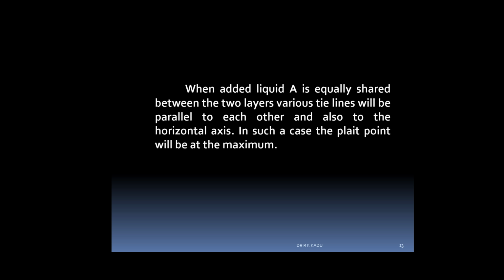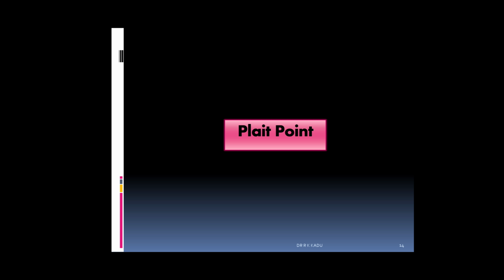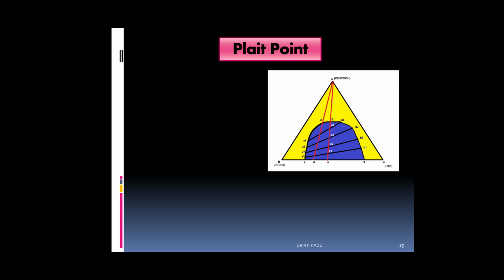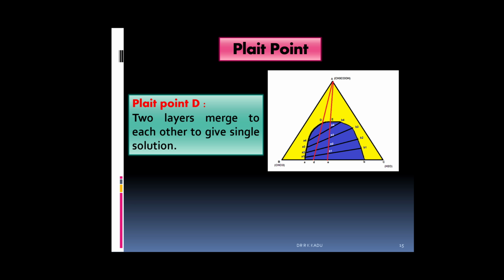After discussion about these tie lines, we will move forward towards the plait point. In this phase diagram, the point D is known as the plait point. So what is meant by the plait point?